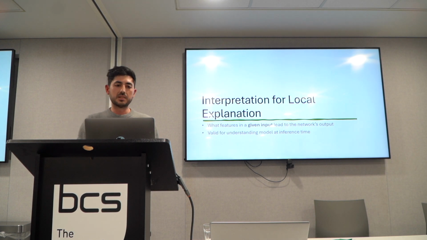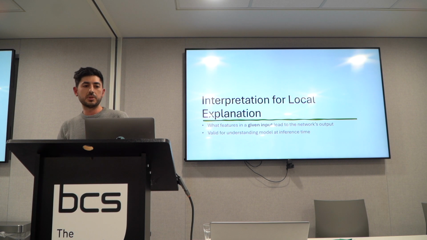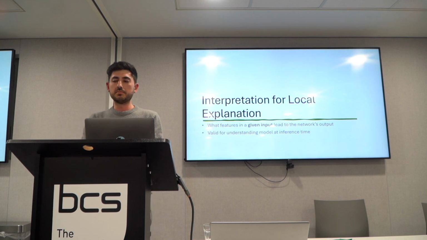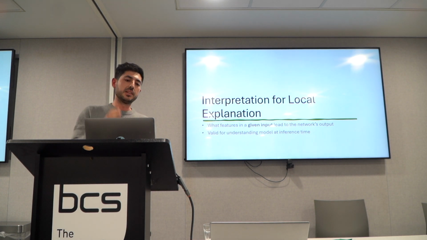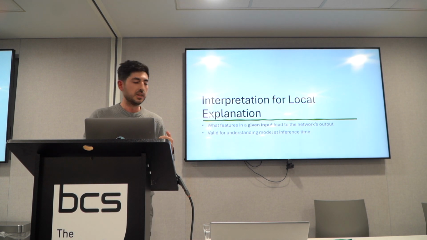Usually it's used interchangeably, but for the sake of argument, let's say that for explanation you are trying to describe the rationale behind an output that was generated given a certain input. So you are looking at the local space: you're looking at the input and what happens, and trying to explain the output based on that input.